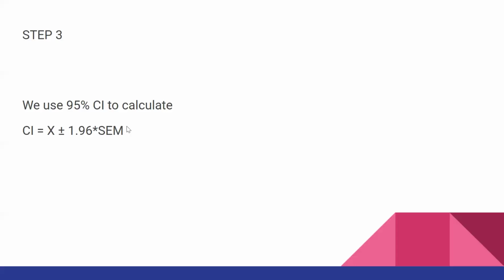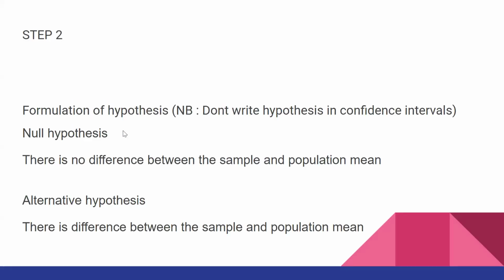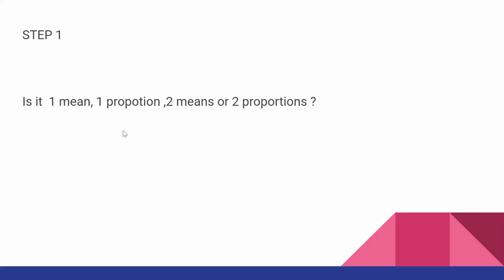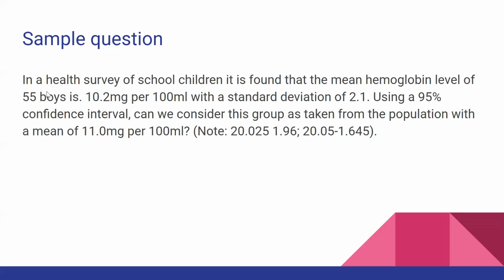Standard error of the mean you've already calculated as 0.283. The mean, we already have it here in our question, was 10.2. So we are doing 10.2 plus or minus 1.96 multiplied by the standard error of the mean.